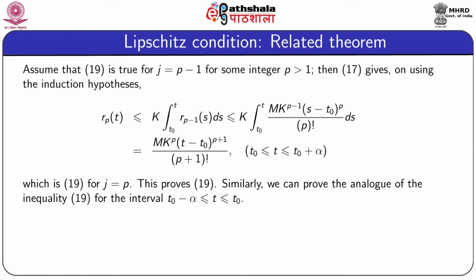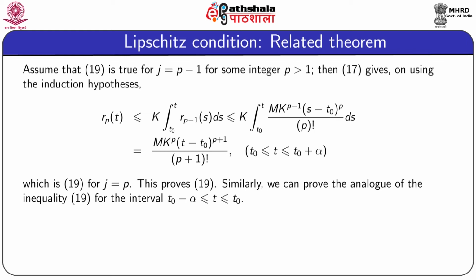Then 17 gives, on using the induction hypothesis, r_p less or equal to k times the integral from t_0 to t of r_(p-1) ds, which is less or equal to k times the integral from t_0 to t of m k^(p-1) (s minus t_0)^p divided by p factorial ds, which is equal to m times k^p (t minus t_0)^(p+1) divided by (p+1) factorial, which is 19 for j equal to p, and hence this is the proof for 19.